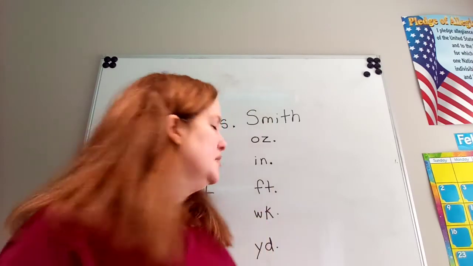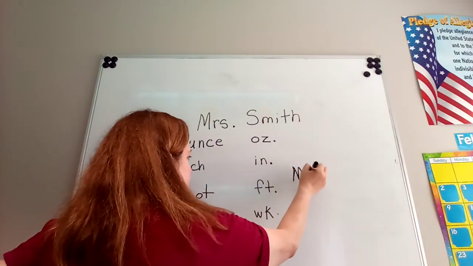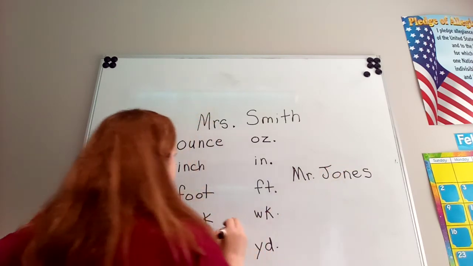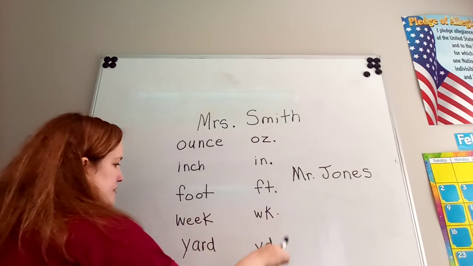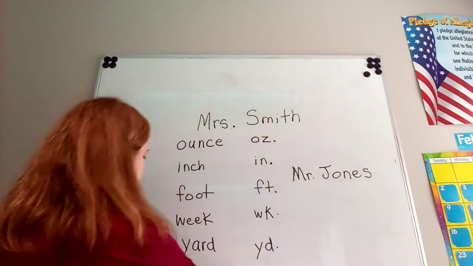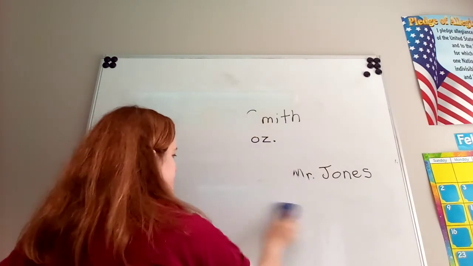Your teachers do that. Or if it's a man, it's Mr. We'll put Mr. Jones. So there are different ways that you can use periods other than just at the end of the sentence. So let me erase this, and we're going to talk about commas.